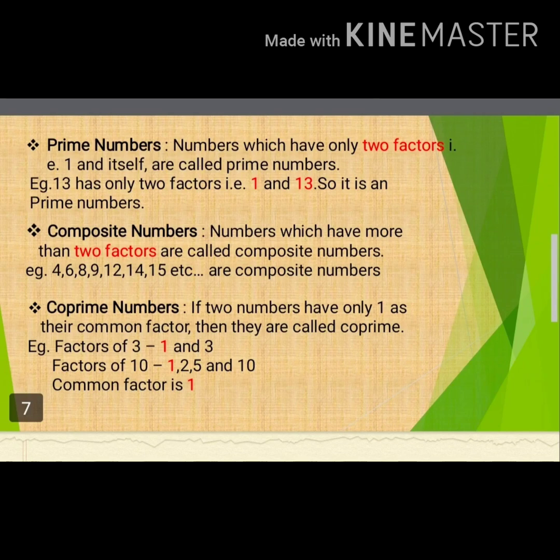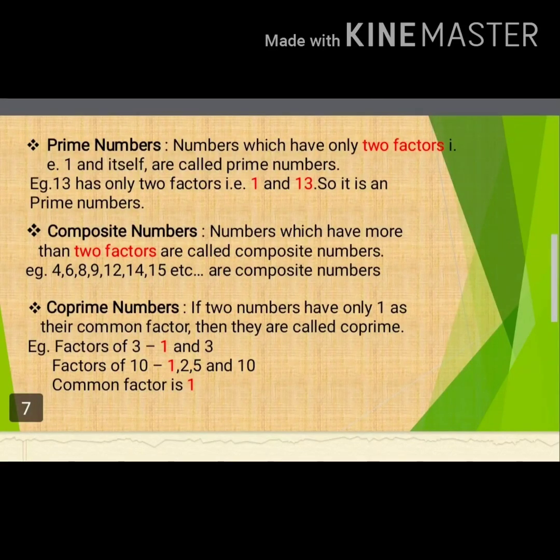Composite numbers. Numbers which have more than two factors are called composite numbers. There are many examples of composite numbers. A few are 4, 6, 8, 9, 12, 14, 15, etc. Co-prime numbers. If two numbers have only one as their common factor, then they are called co-prime numbers.